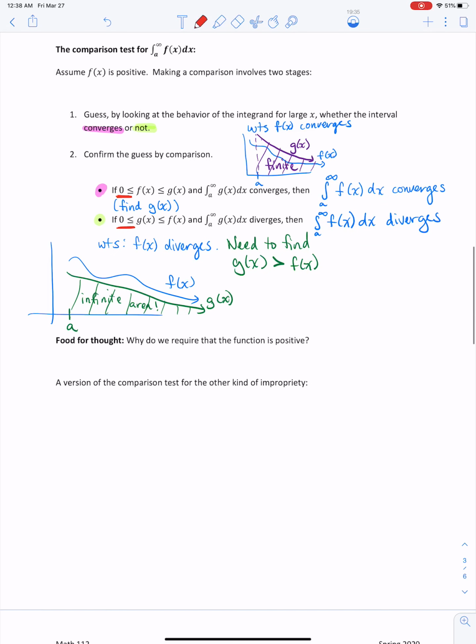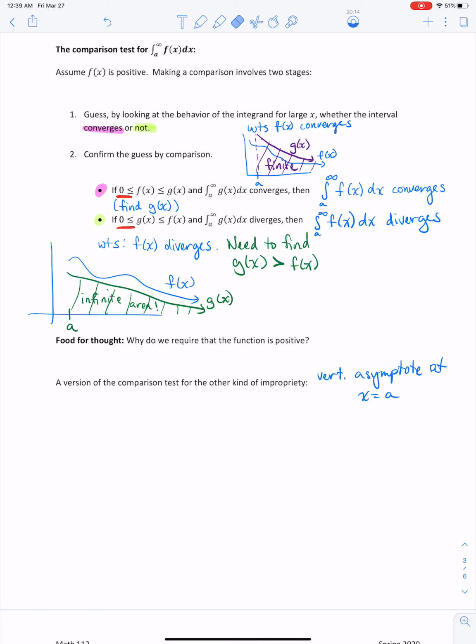Okay, so let me go ahead and give a version of the comparison test for the other kind of impropriety. So here, if we have say a vertical asymptote, and I'm going to assume that the vertical asymptote is at x equals a, and we're integrating from a to b.